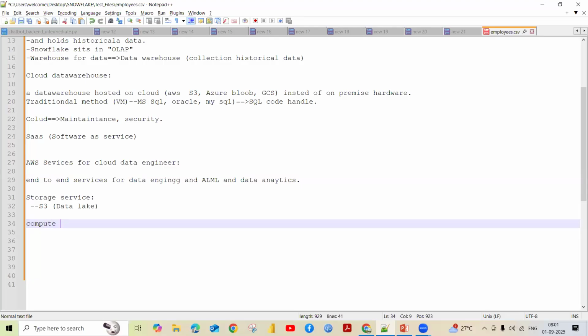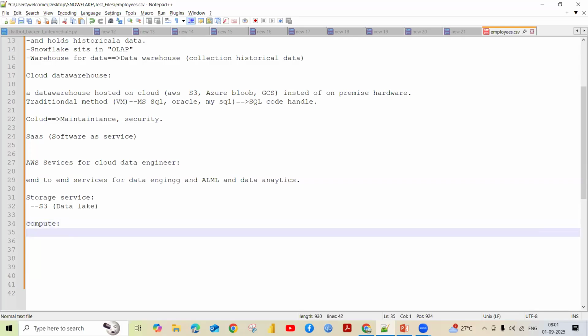We will learn compute briefly as we go into the course. That is EC2. Compute is nothing but the CPU of your computer, the CPU you have in any laptop or any computer, right? So similar functionality here also.